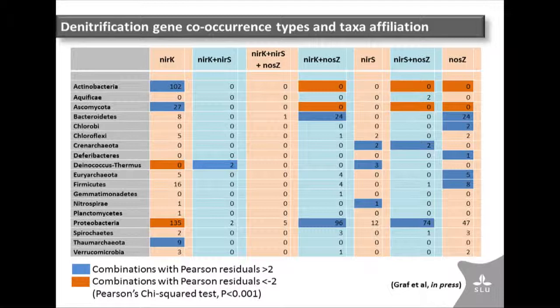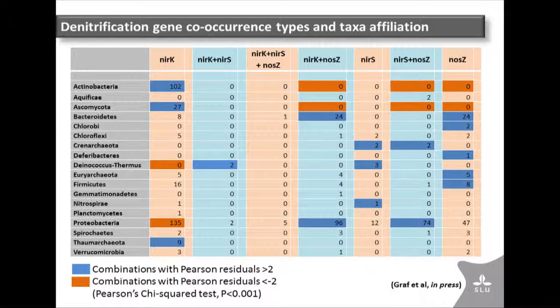So this is a table where we looked at the co-occurrence pattern types in relation to taxa affiliation. And I'm showing a table where we are at the phylum level. And this is based on chi-square tests, and all the ones that are marked with blue mean that they are overrepresented in the data set, and all the ones marked with orange mean that they are underrepresented in our data set.